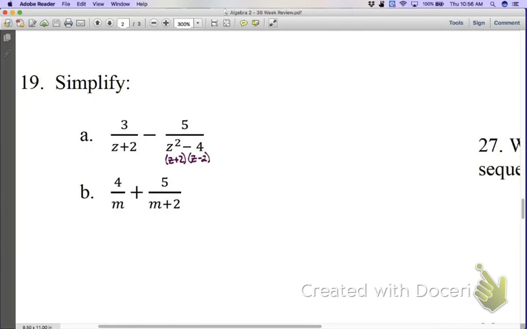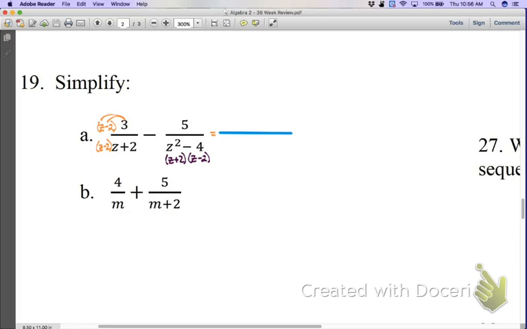So what is missing from the fraction on the left? Z minus 2. So I have to multiply the top and the bottom by z minus 2. So in doing that, I'm just going to write it as one big fraction.